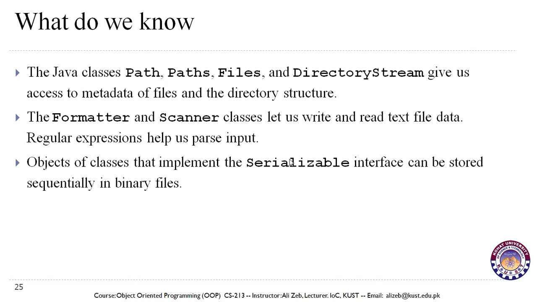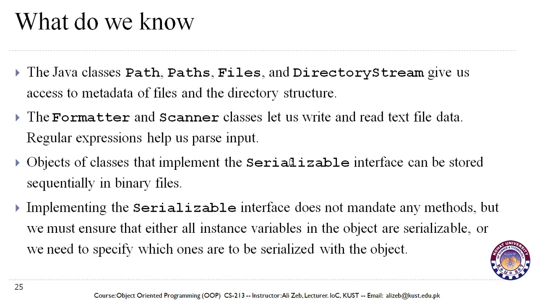Objects of classes that implement the Serializable interface can be stored sequentially in binary files, and implementing the Serializable interface does not mandate any methods, but we must ensure that either all instance variables in the object are serializable, or we need to specify which ones are to be serialized with the object.